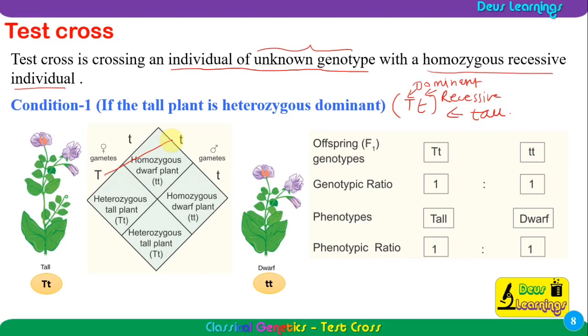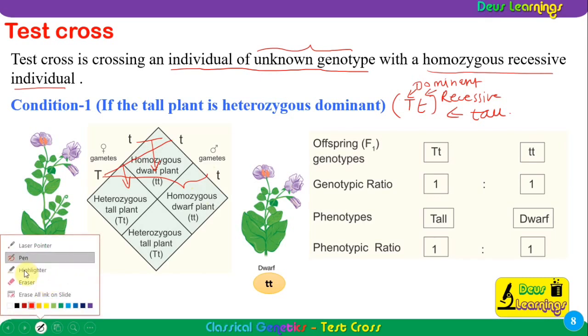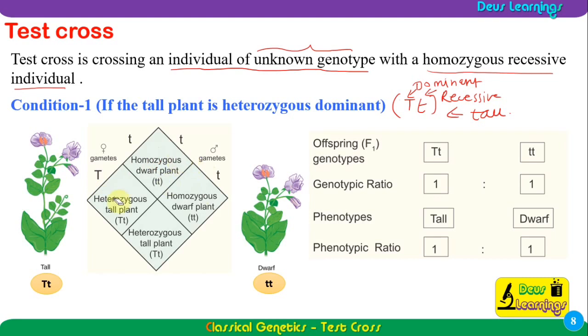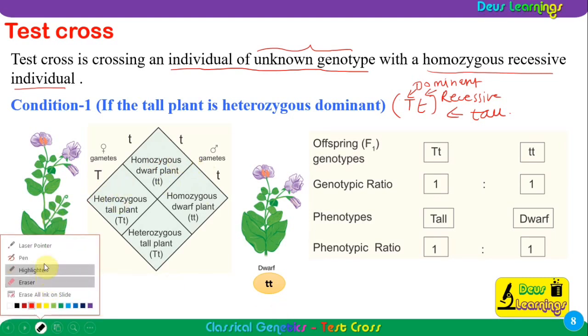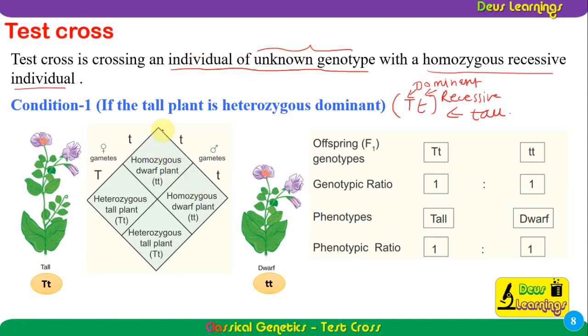If you cross these two, you get this one; if you cross this one and this one, you get a heterozygous dominant individual.